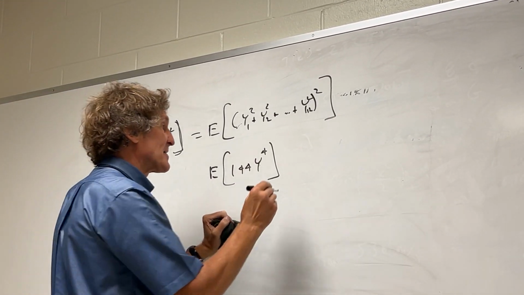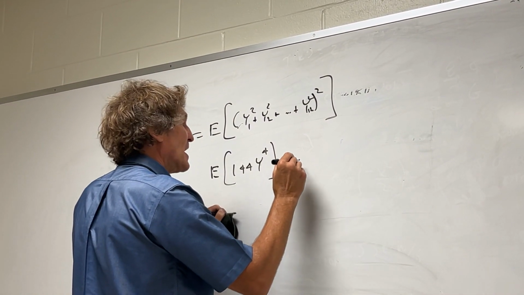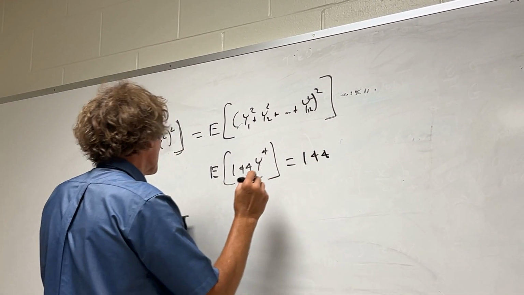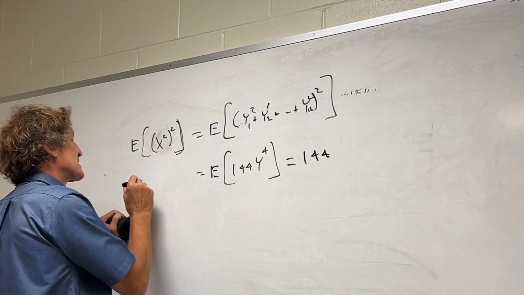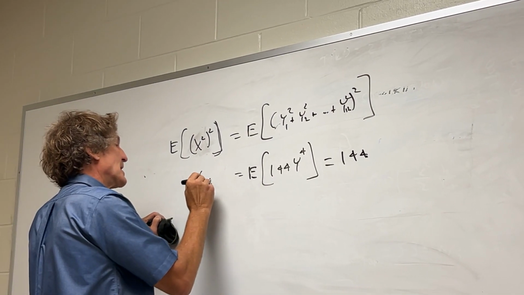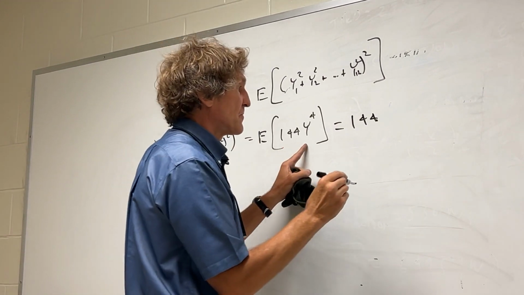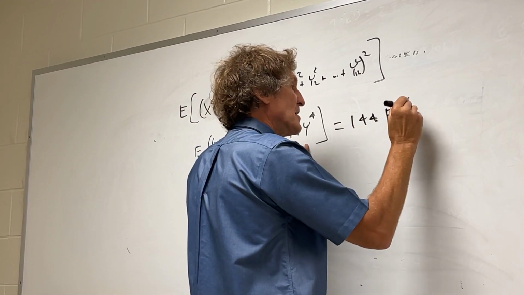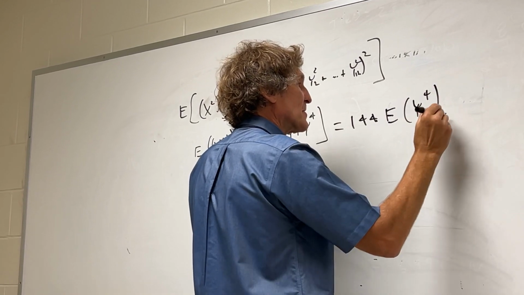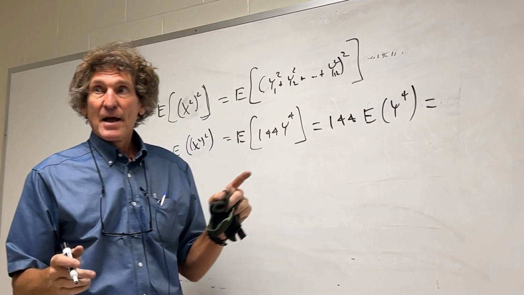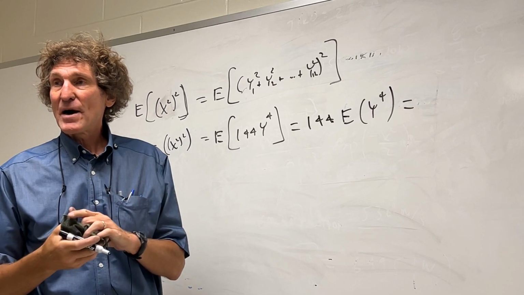So if you think about this, this would be equal to the expected value of my x squared squared, which is 144 times the expected value of y to the fourth, right? Well, what is the expected value of y to the fourth?